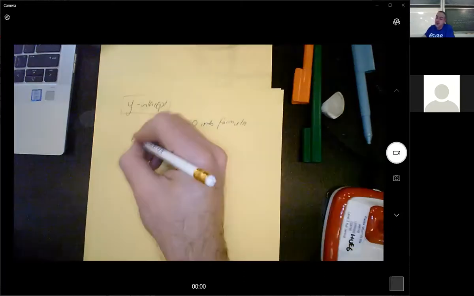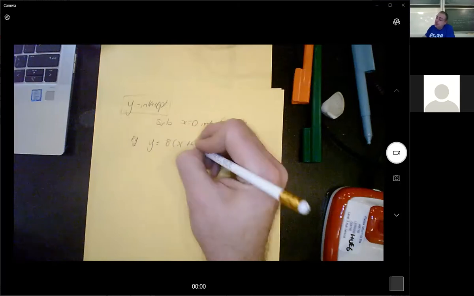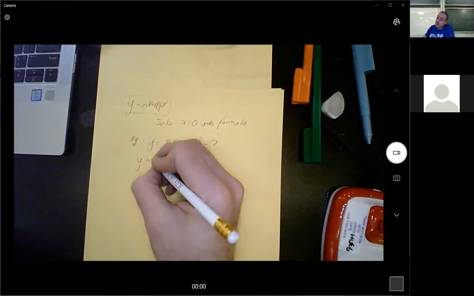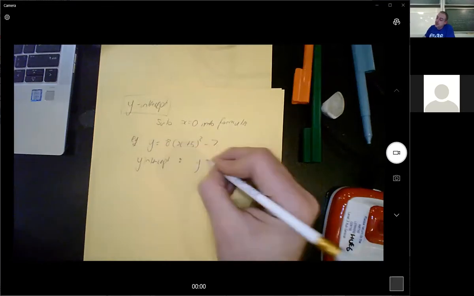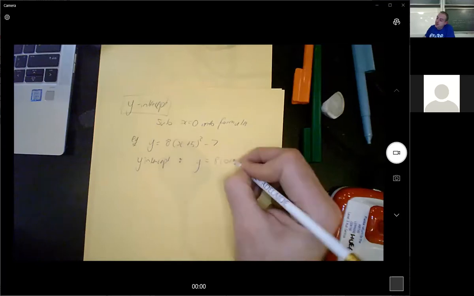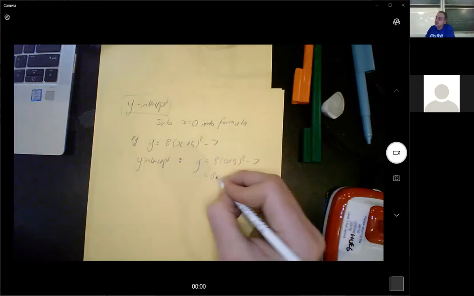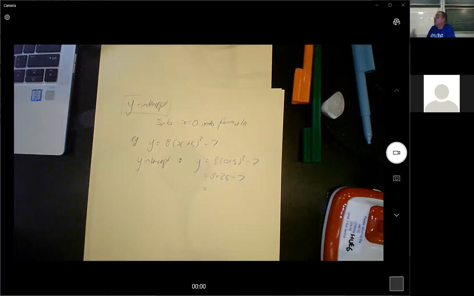And so as an example, if y was equal to 8 times (x plus 5) squared minus 7, the y-intercept would be y equals 8 times (0 plus 5) squared minus 7. 8 times 25 would be 200.